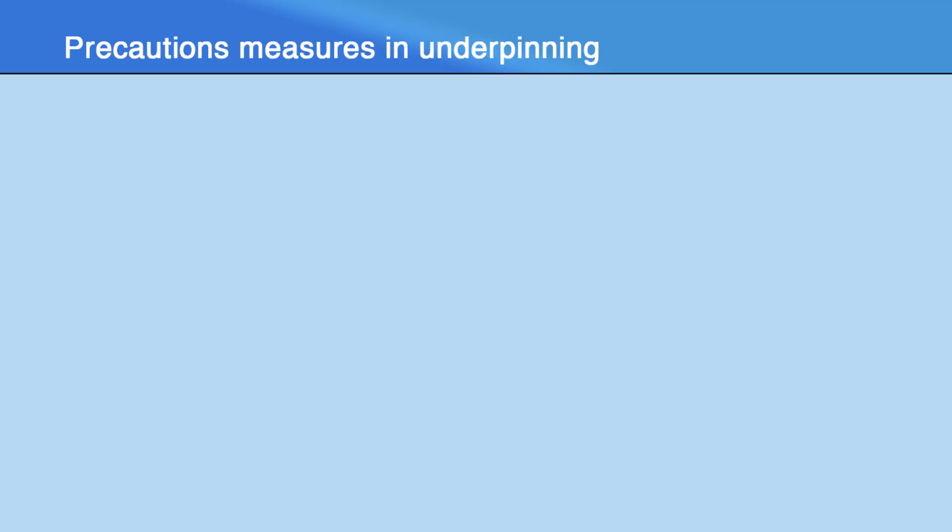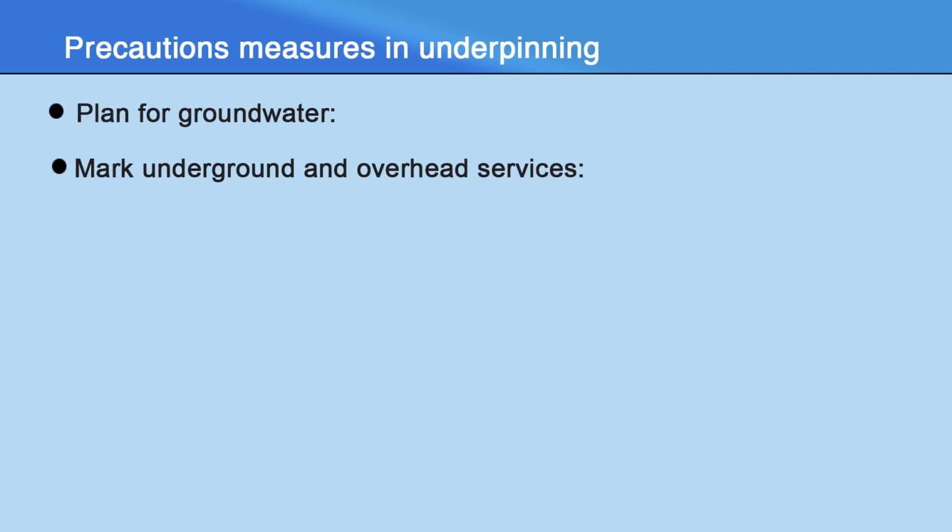Now precaution measures in underpinning. Plan for groundwater inflow, and mark underground or overhead services. Before starting the work, ensure that the location of underground and overhead services is known and marked. Provide protective equipment, ensure the workers have suitable protective clothes and equipment such as safety harness, helmets, gloves and goggles.